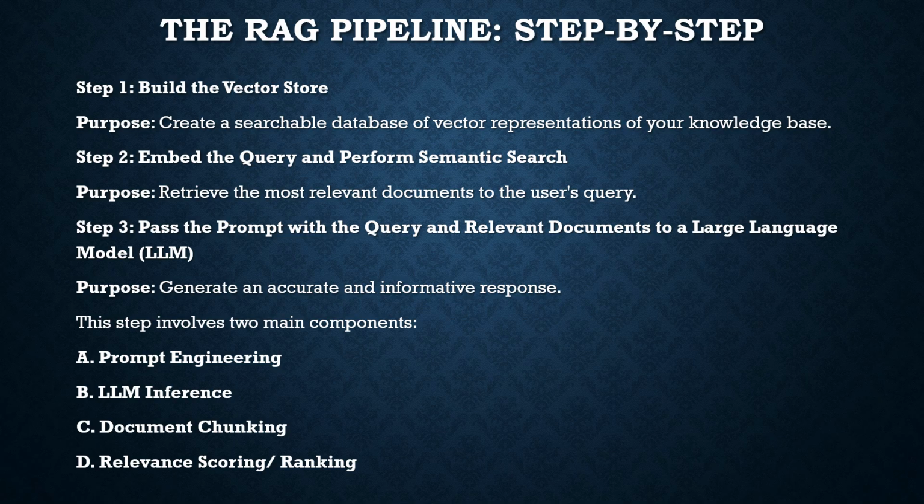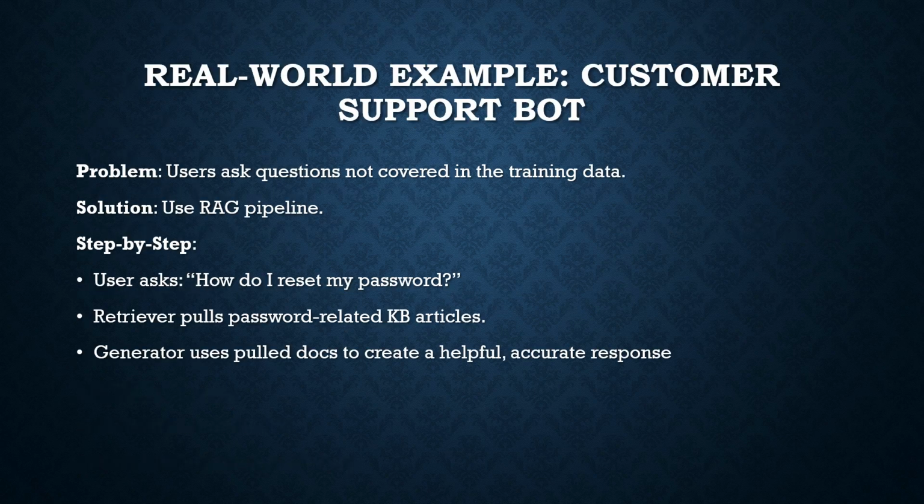So you can see here I have considered these steps in detailed form, where you are building a vector store, creating a searchable database. This is the real world example I've taken, which is of a customer support bot. And the problem is your users ask questions not covered in the training data.